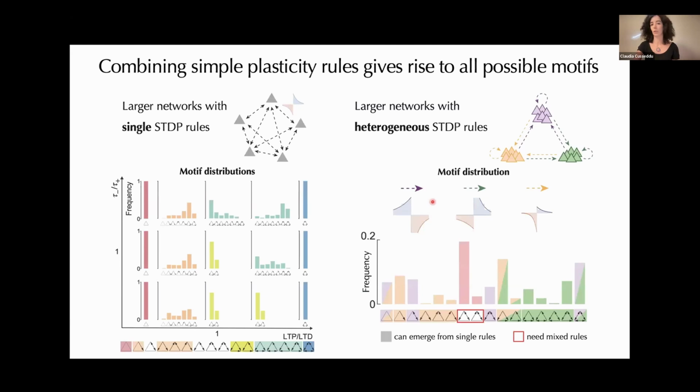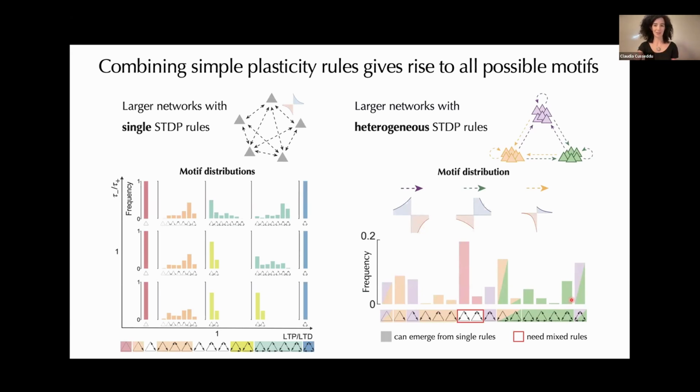In this case, we combined 2 Hebbian rules with an anti-Hebbian rule, and in the bar plot we can see the green, the orange, and the purple show the motifs that emerged within each single subgroup, and they are the same motifs that would emerge if we applied a single rule to the network.